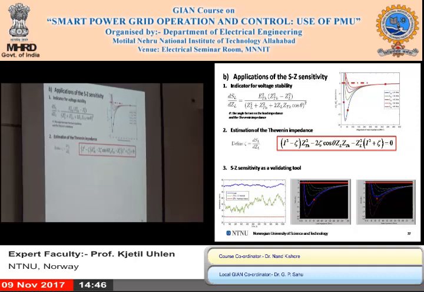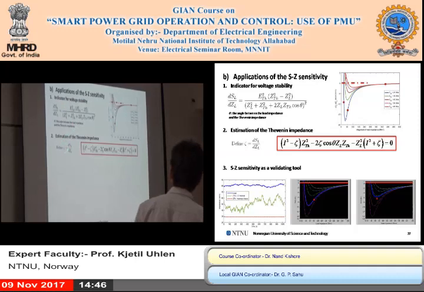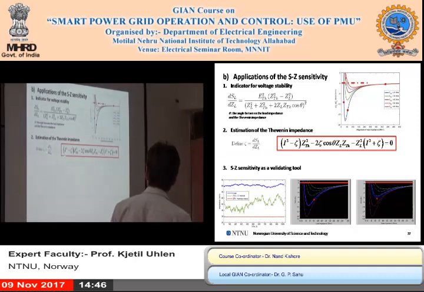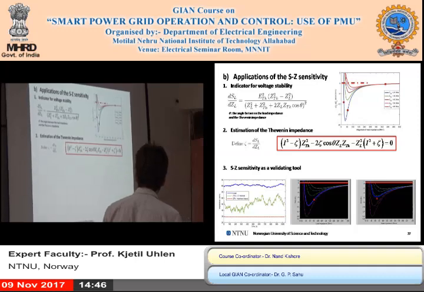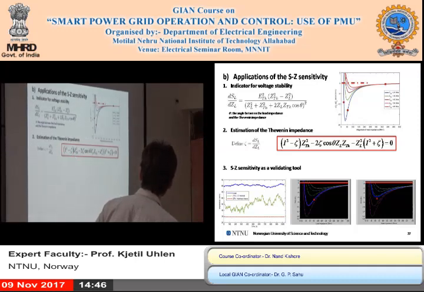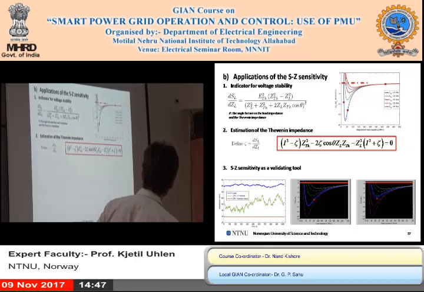So what you can do with this further on is that you can eliminate the voltage, and we define this sensitivity with this Greek letter here that I don't remember the name of. Xi, I think. Then you can express this equation with Thevenin impedance being the unknown.